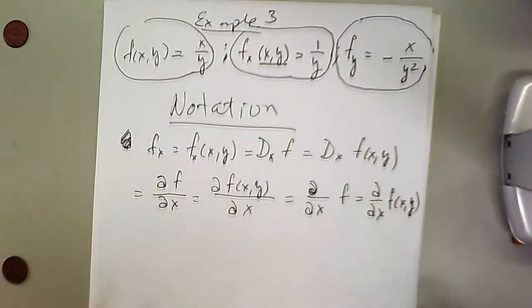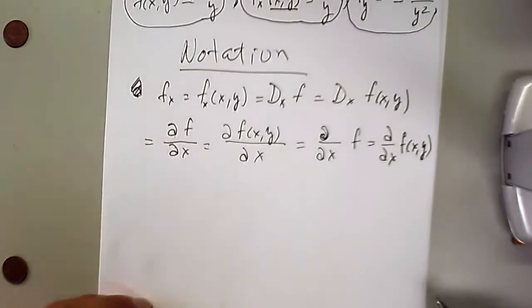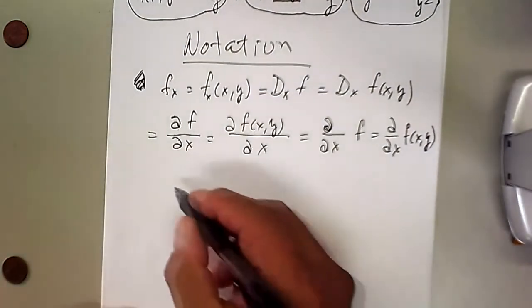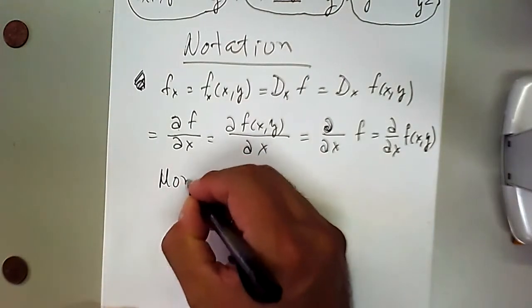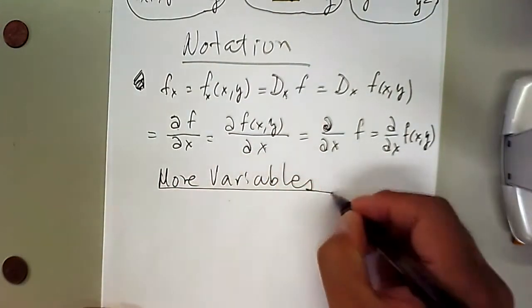The same thing will happen with y. If you have more than two variables, you can have functions of 3, 4, 5, any number of variables. More variables, no problem.